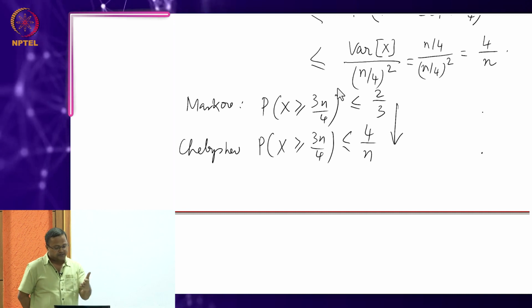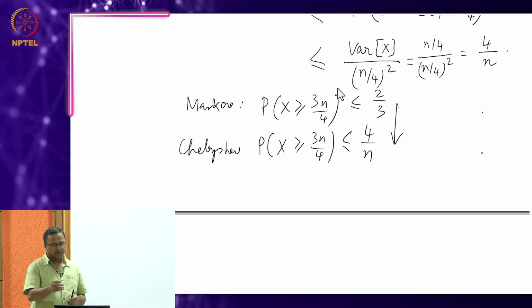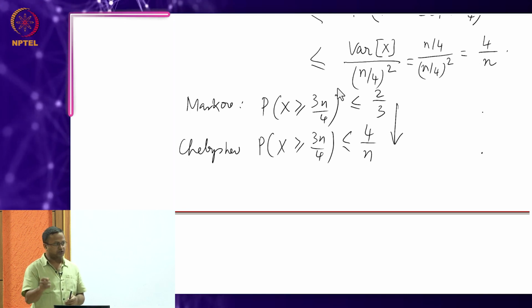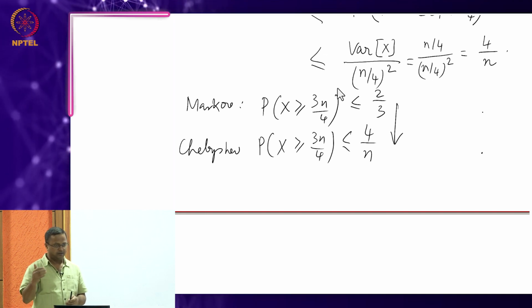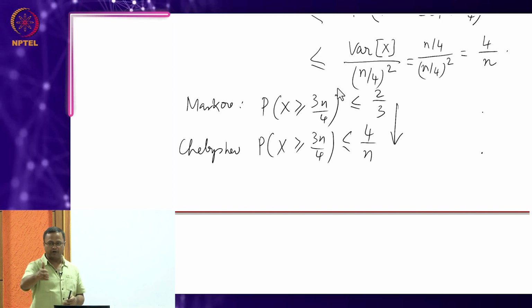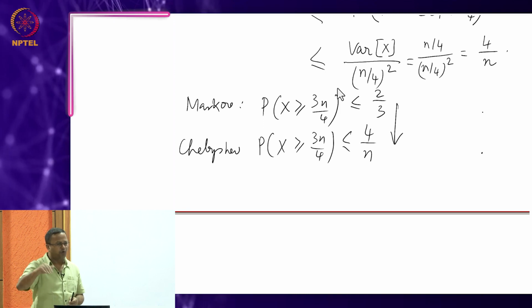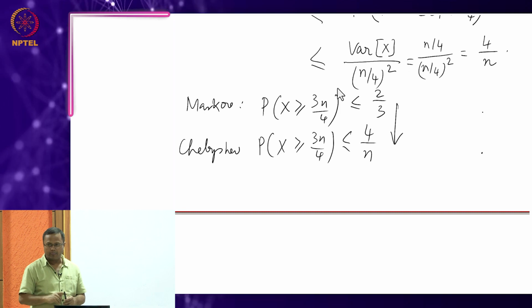Again, this capital X, what was it? N independent tosses of an unbiased coin, right. So, this is a setting of Poisson trials, right. Each one has a probability of now half. It is more than Poisson, it is binomial, it is actually Bernoulli trials, because each probability is the same.